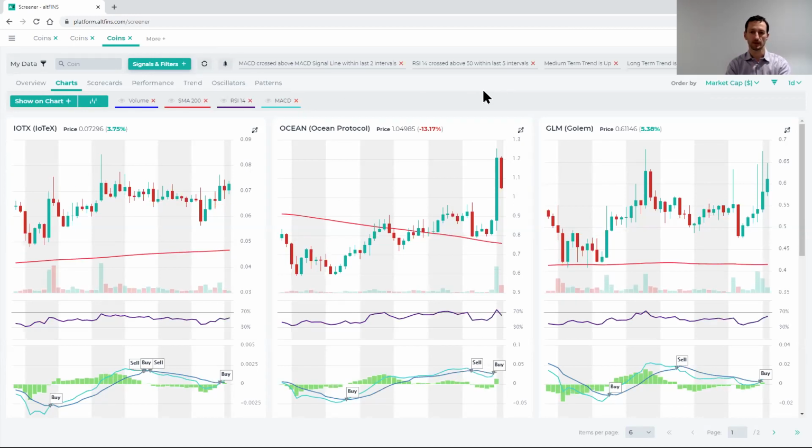We can confirm here that we have a bullish MACD crossover that was also confirmed by a bullish crossover above 50 in the last 5 days by RSI. So this really confirms our potential entry here.